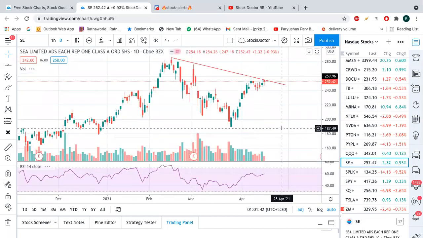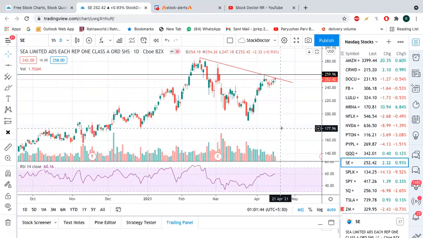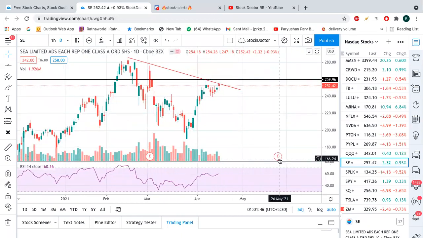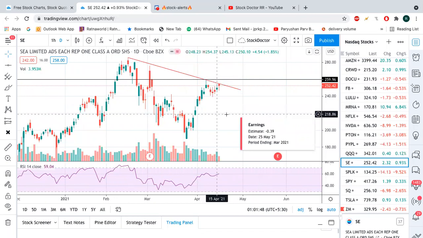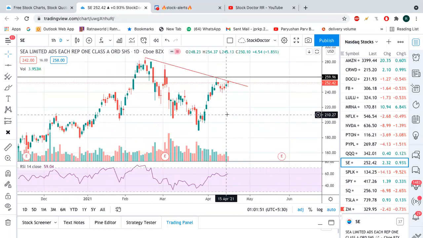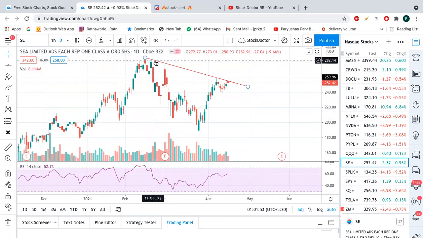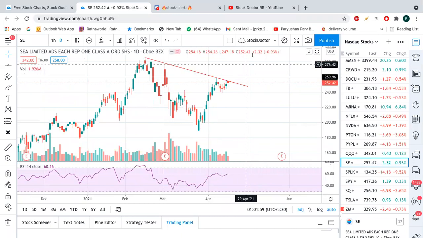The next stock is SE. SE has its earnings on the 25th of May. Right now SE is trading below its horizontal resistance and trend line resistance.